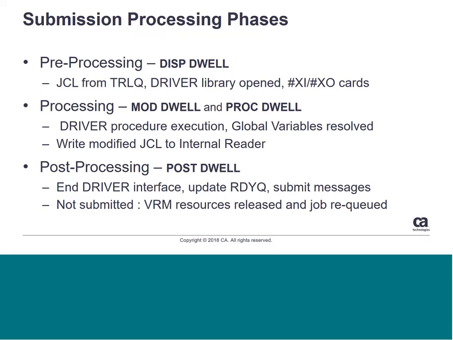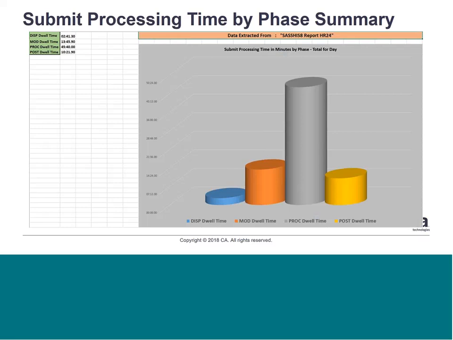We need to update the ready queue to say we've submitted the job, generate some submitted messages, and if we go through a not submitted process, then we have a resource release and a job requeue activity to take place. And again, we can look at that from a Status 8 report, HR24.